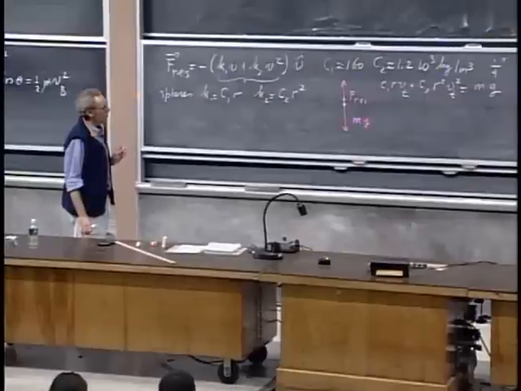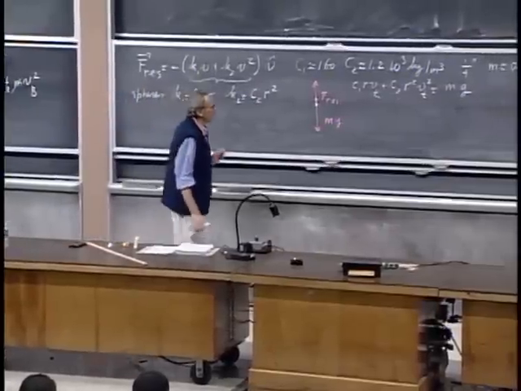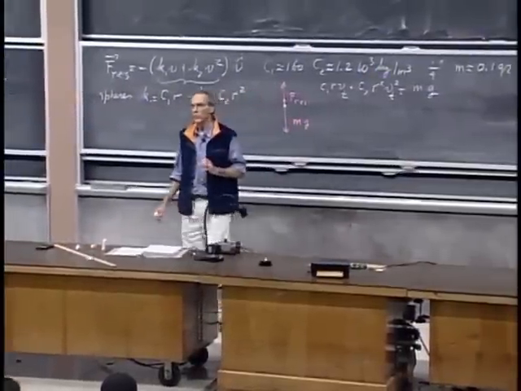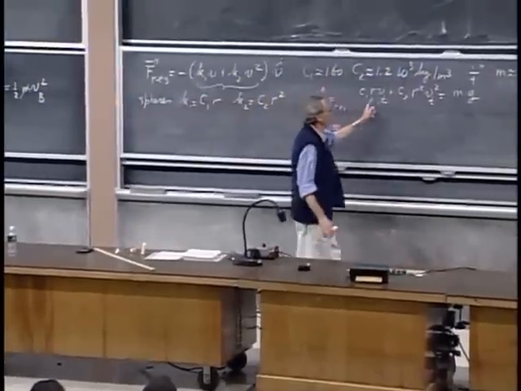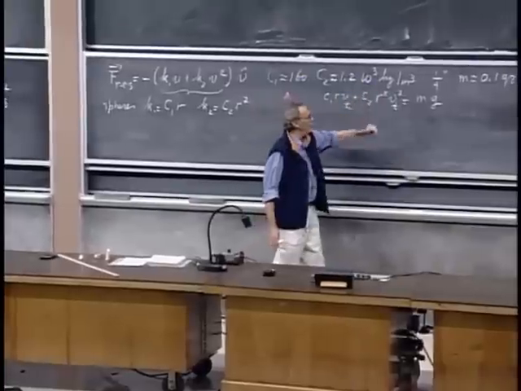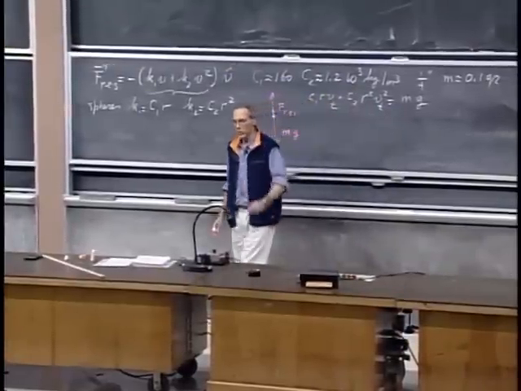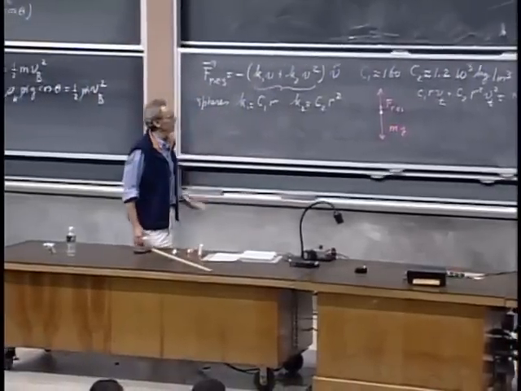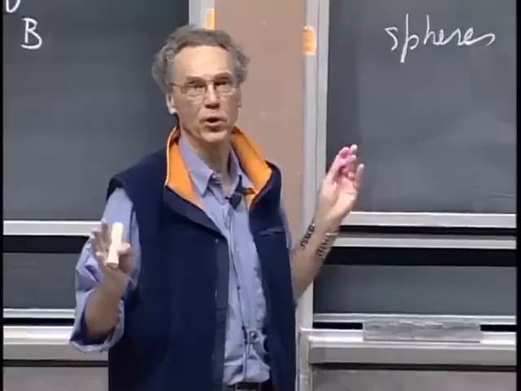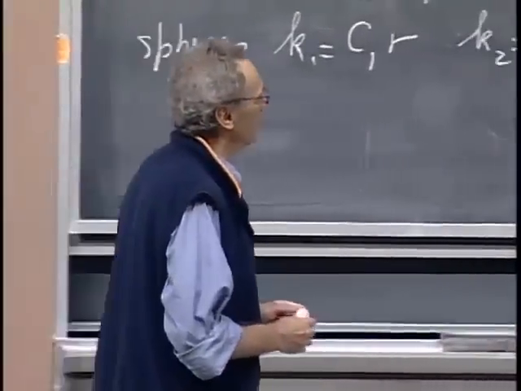Well, this is a quadratic equation in v. You know c1, you know c2, you know the radius of these ball bearings, you know the mass of the ball bearings, so you can solve for the terminal velocity. You will get two solutions. It's a quadratic equation. One will be non-physical, you will see, so you keep the one that is physical.